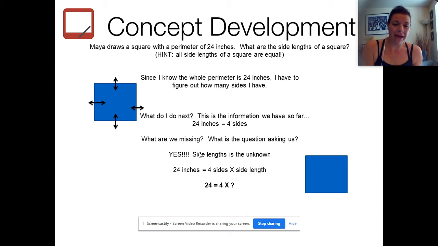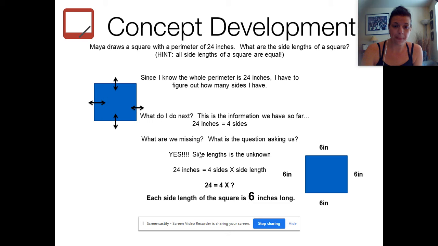I know, but when it gives you the number of groups, but it's asking you how many are in each group, and it gives you a total, that is division, okay? So look at that number sentence. 24 is equal to 4 times what? Try to figure that out. If you know your multiplication tables, this will be easy peasy pumpkin squeezy. And the answer is each side length is 6 inches long.